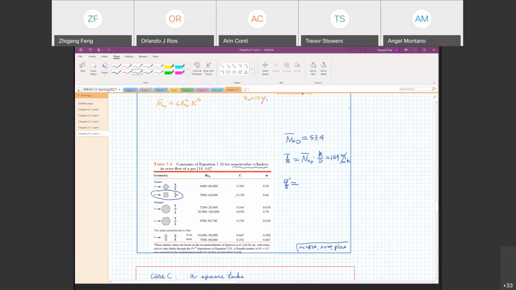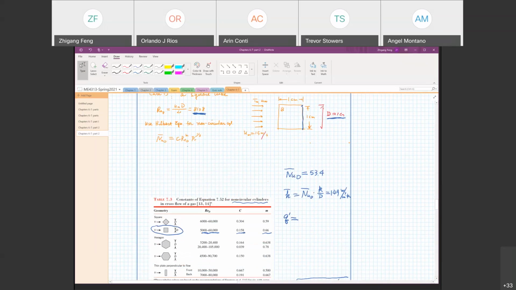So C is equal to 0.158, m equal to 0.66. And we plug into this Hilpert equation, do the calculation, and here is the final result for the Nusselt number. And for the h, we use the same relationship. I found h equal to 149.